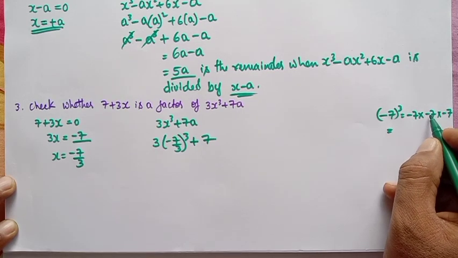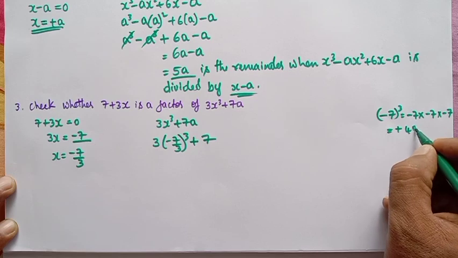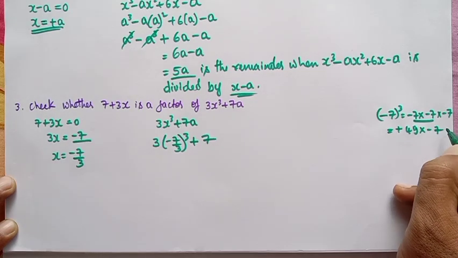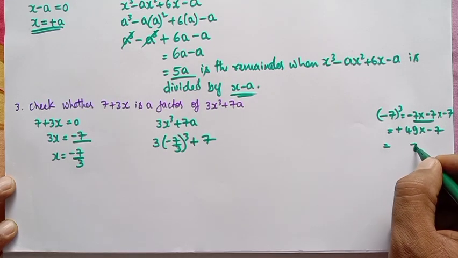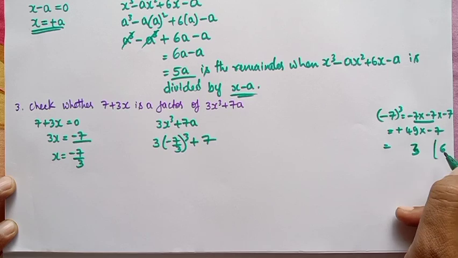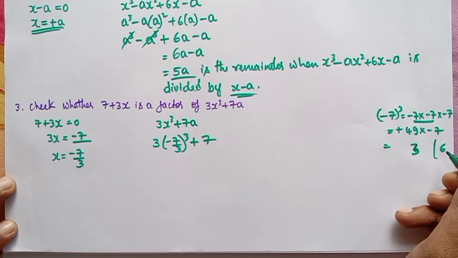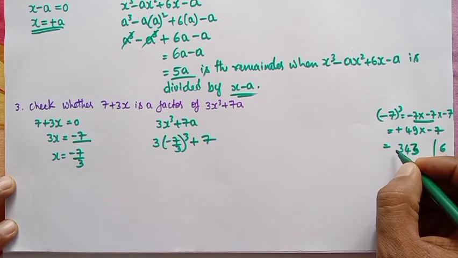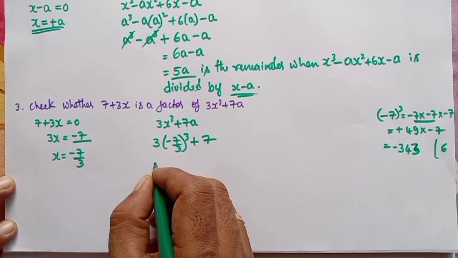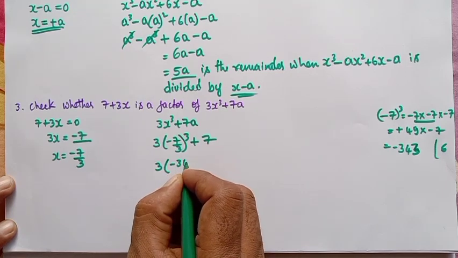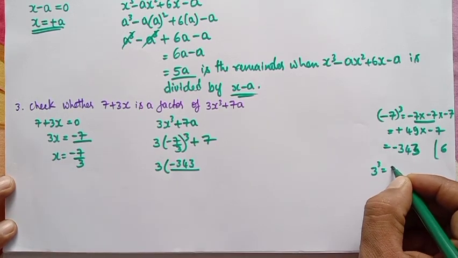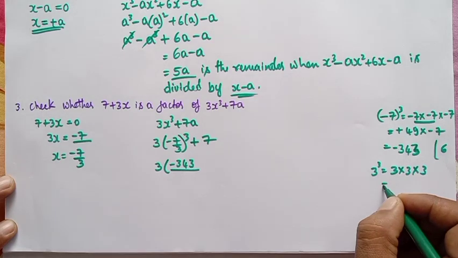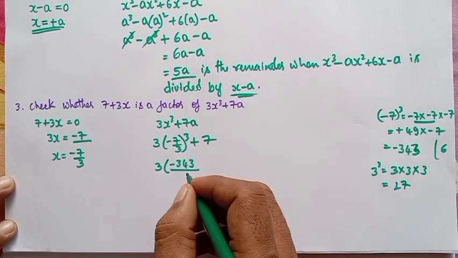Minus into minus is plus. 7 sevens are 49 into minus 7 is equal to minus 343. 3 into minus 343 by 3 cube, which is equal to 3 into 3 into 3. 3 3s are 9, 9 3s are 27.